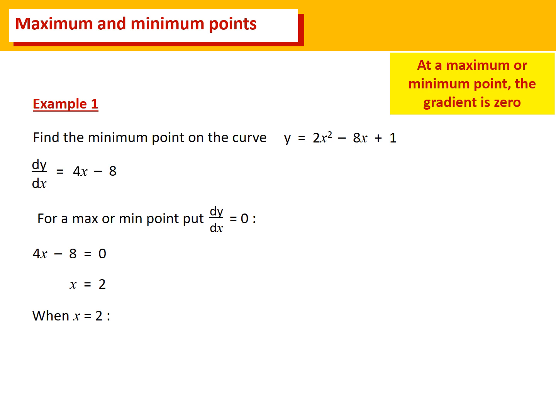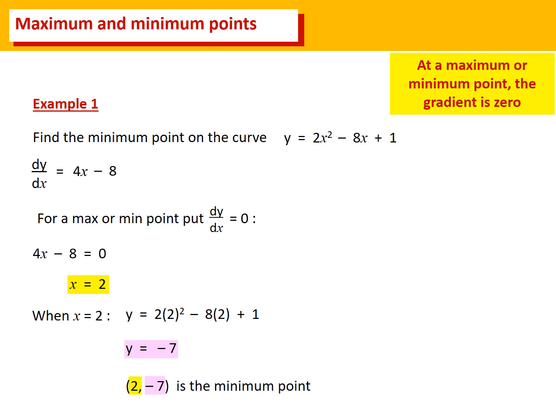And in order to find the corresponding y value, we substitute x equals 2 back into the expression here for y. So 2 times x squared becomes 2 times 2 squared. Subtract 8 times x becomes subtract 8 times 2. And then the plus 1 on the end gives us a y value of -7.